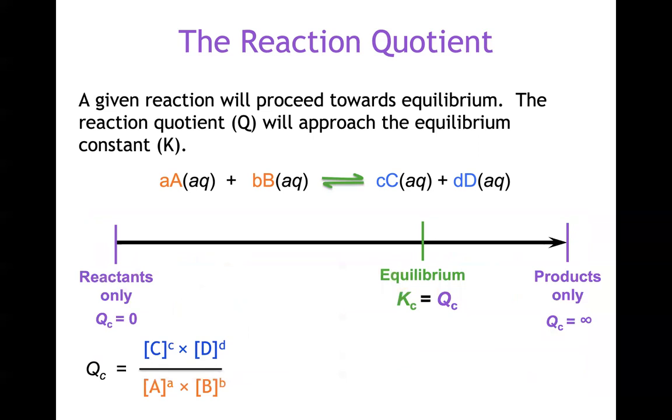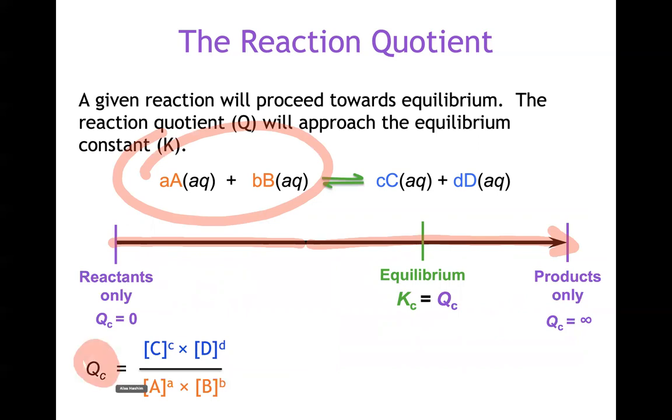So what do we mean? Let's think of this as the progress of the reaction that is taking place. Initially, all we have is the reactants. So that's not at equilibrium, that's initially. So we'll calculate it based on the reaction quotient, and it's the concentration of the products over the concentration of the reactants.